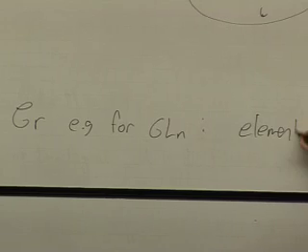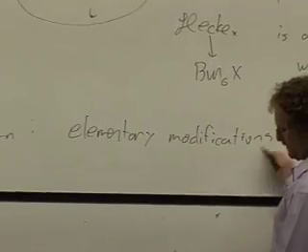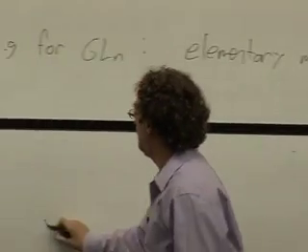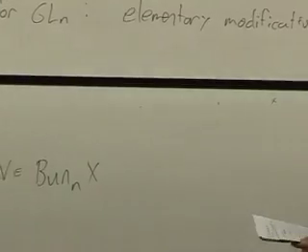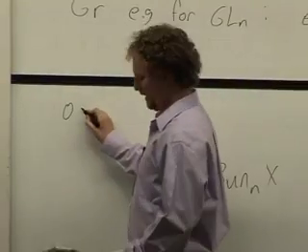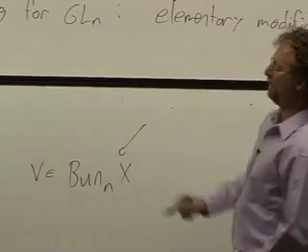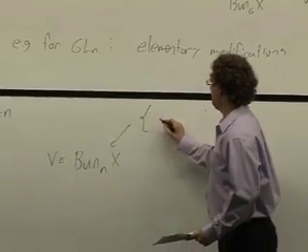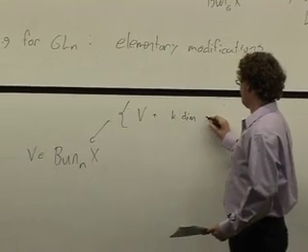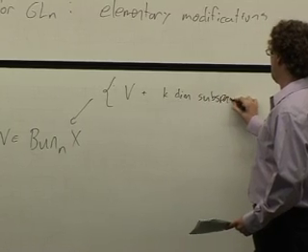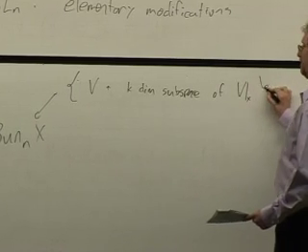So if I want to take a vector bundle V in Bun_n, and I want to modify it at a single point, one thing I could do is pick an integer k between 0 and n, and look at a piece of this big Grassmannian, which is just V plus a k-dimensional subspace of the fiber V at x.